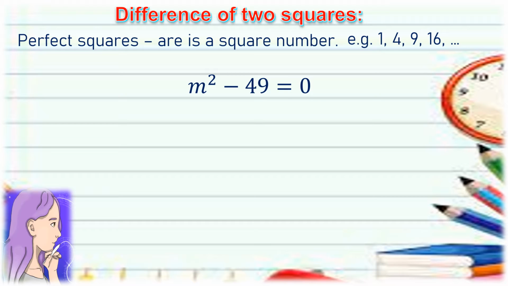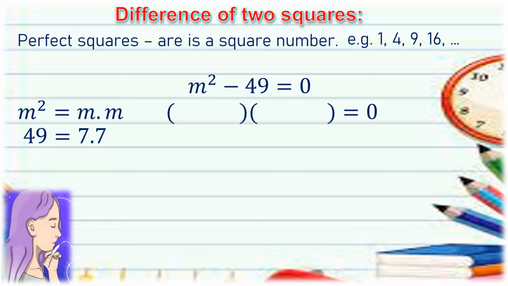If we have m squared minus 49 is equal to 0, in here we are going to factor out m squared, which is equal to m times m. And then 49 is equal to 7 times 7. So we are going to position m in here and the other m in here, and then 7 here and the 7 over there.